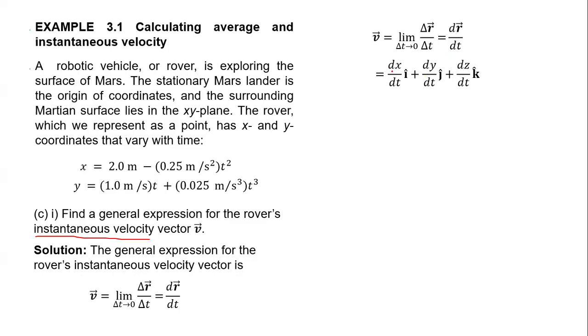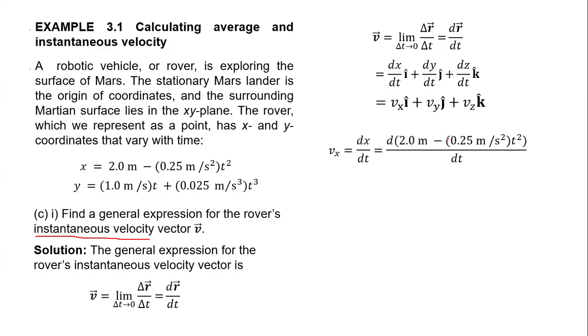If you expand this, it looks like dx/dt i hat, plus dy/dt j hat, plus dz/dt k hat, where vx is equal to dx over dt, and so on.